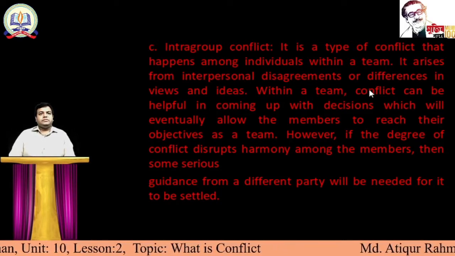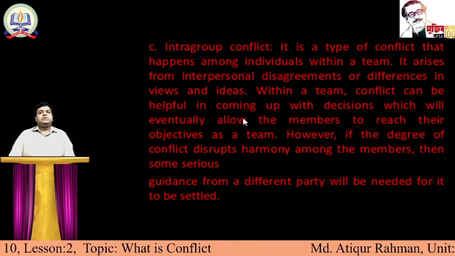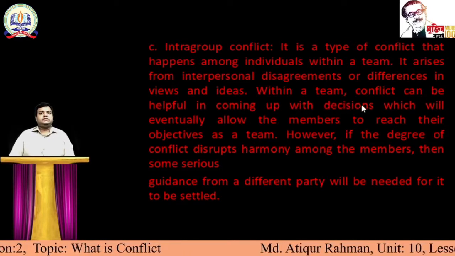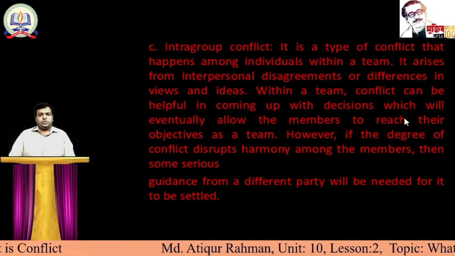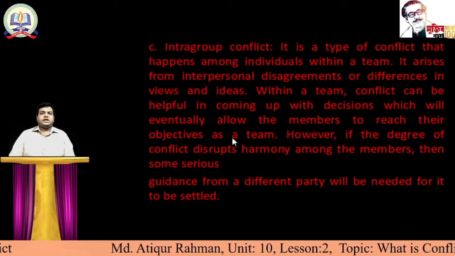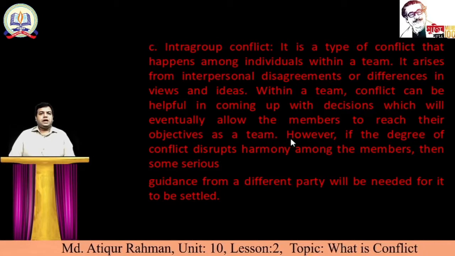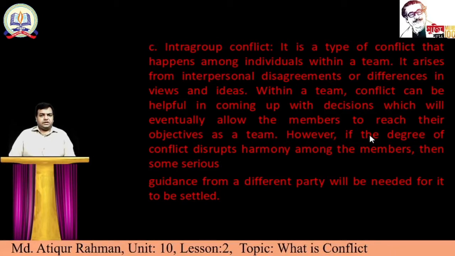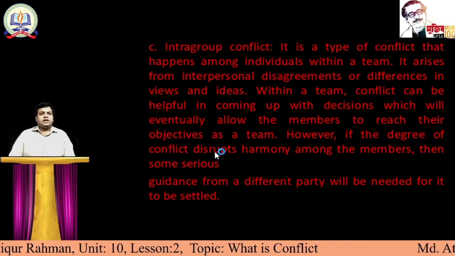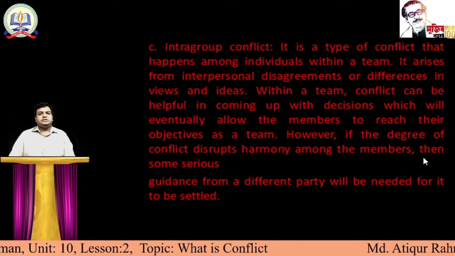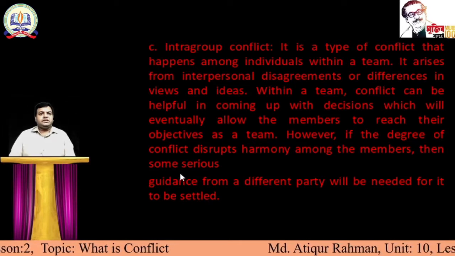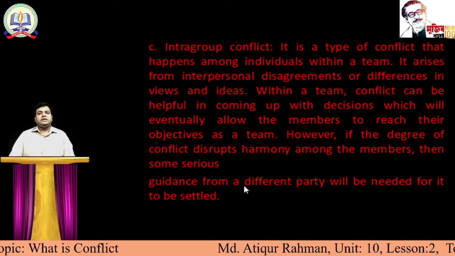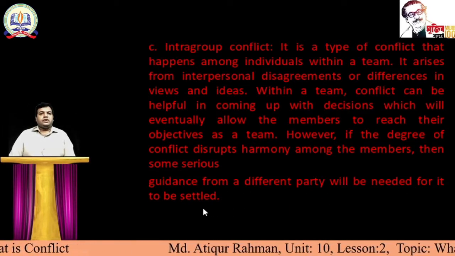Within a team, conflict can be helpful in coming up with decisions which will eventually allow the members to reach their objectives as a team. However, if the degree of conflict disrupts harmony among the members, then some serious guidance from a different party will be needed for it to be settled.